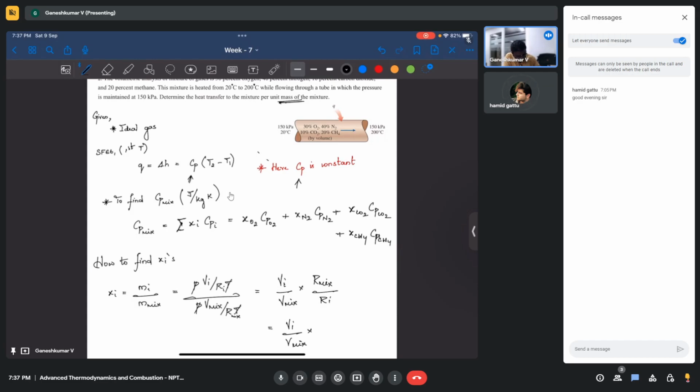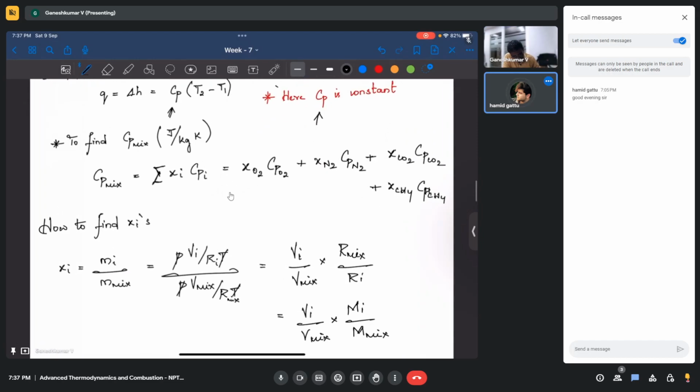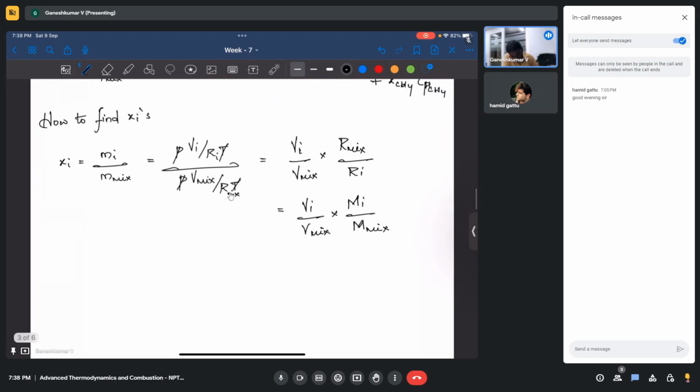So then you can write the molecular weight of the mixture. What we know is Vi by V mixture, right? That is what is given. Now we multiply by the molecular weight of i by the molecular weight of the mixture. But one more thing, how do we find the molecular weight of the mixture?